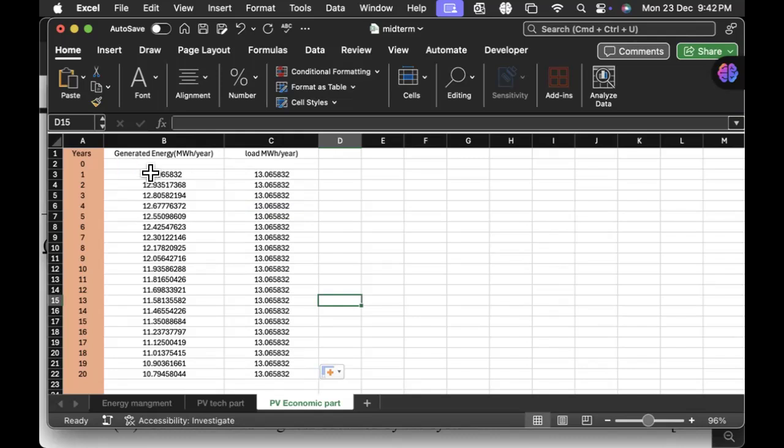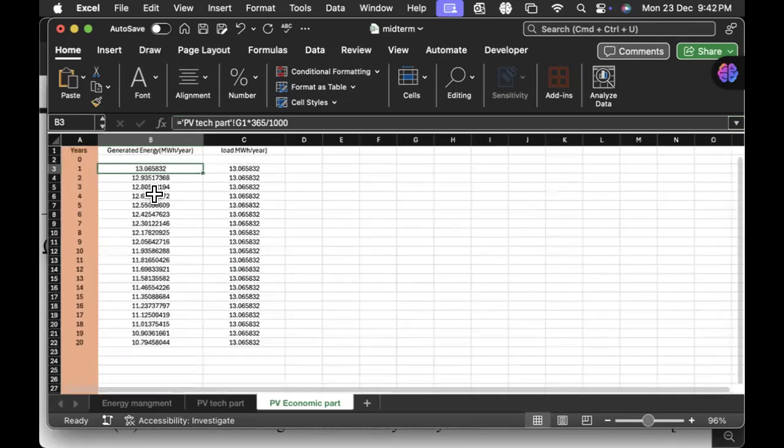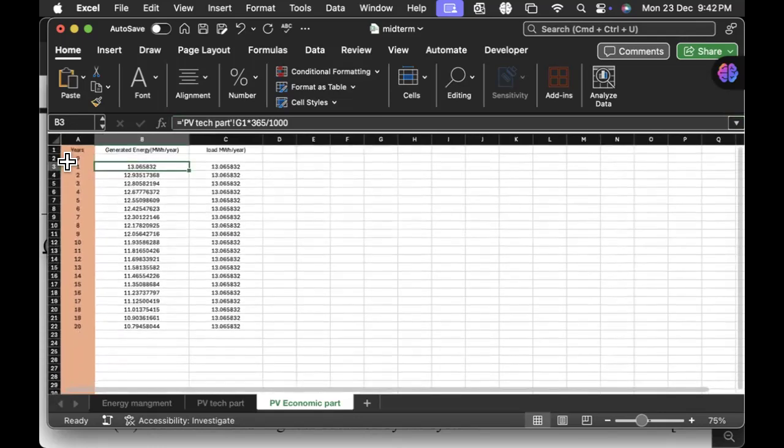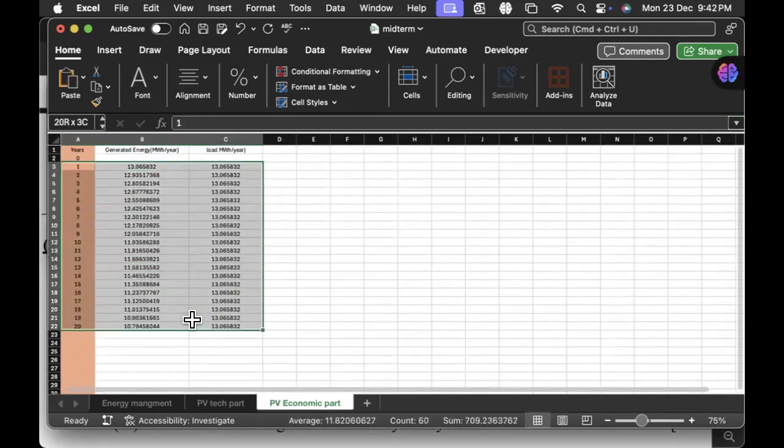However, your energy generation is decreasing by this 1% or whatever. That means that by going into more and more years in the lifetime of the system, your system is going to supply less energy than required. So simply we can show it if we do something like that.